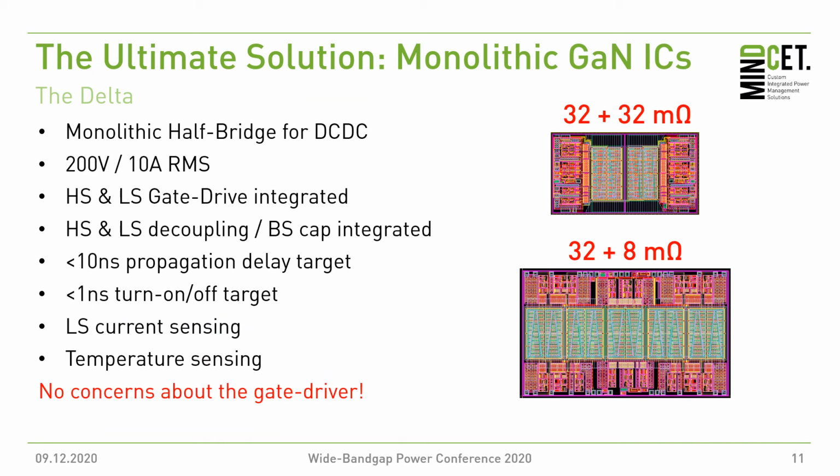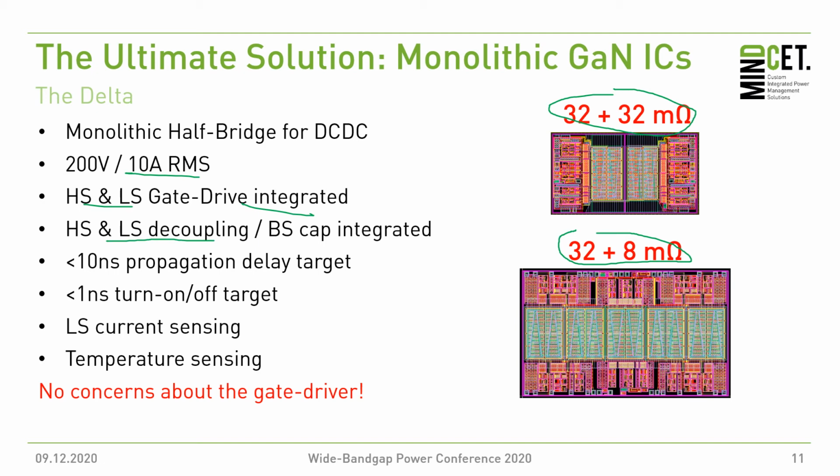So here you see two implementations that we have made: a symmetrical 32 plus 32 milliohm half bridge and an asymmetrical 32 plus 8 milliohm half bridge. These are 200 volt 10 amp half bridges. The low side and high side gate drive is integrated.